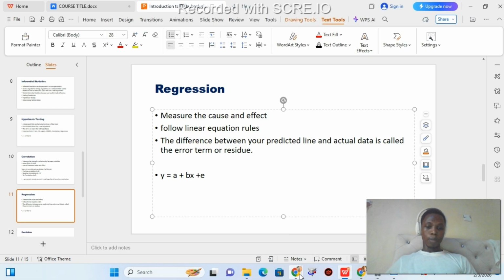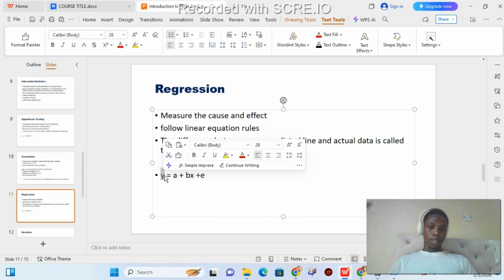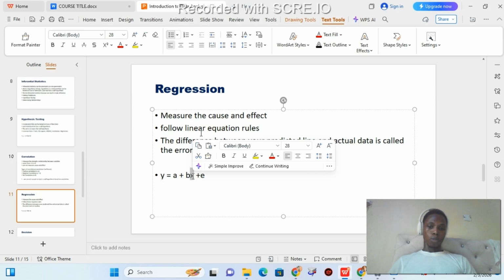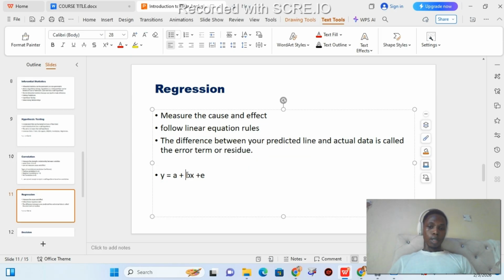I think what Messi said is the correct one. The x is the independent and the y is the dependent. So it is the y that is depending on the x. That is, the value of x, whether it goes up or comes down, is going to have an effect on y.